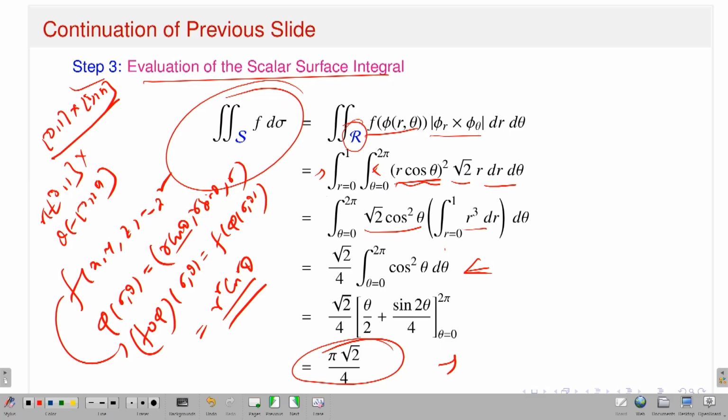Then use the formula: the surface integral of f over the smooth surface S, double integral of f dσ over S, is the integral over R, the region of your parameterization φ, of f composed with φ at (r, θ) or (u, v), times the norm of φ_u cross φ_v, du dv. If you calculate that double integral, you get the value of your scalar surface integral. I think another example, maybe next class I will talk about that.